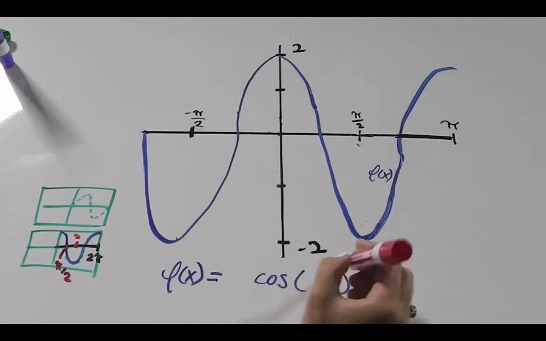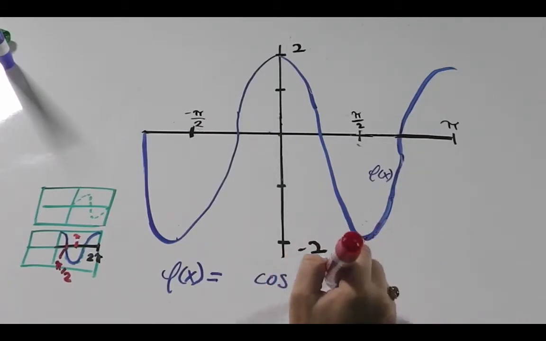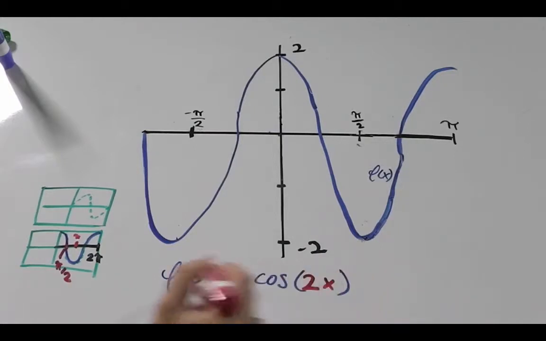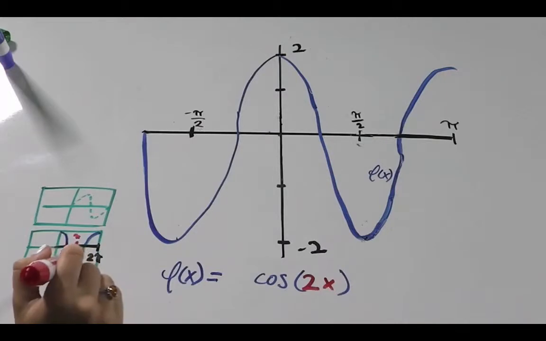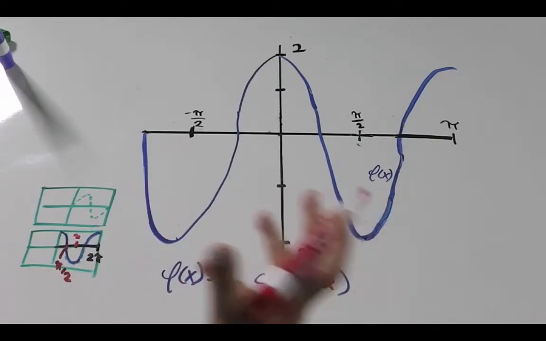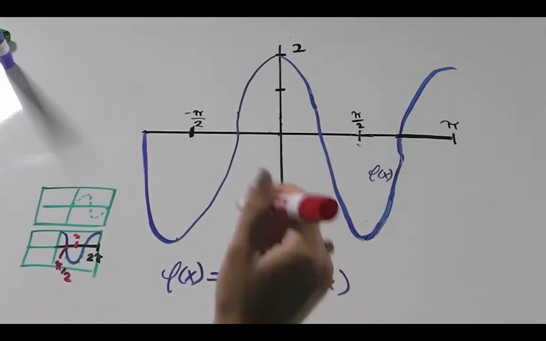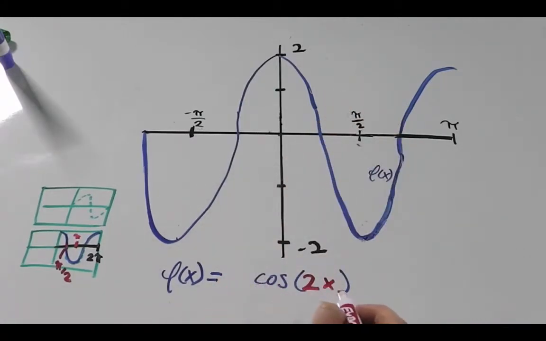So it's almost as if we plugged in 2 times as much of that x. That x counts for twice as much in the period of our function as it does in the period of our generic cosine function. To visualize that more clearly, try plugging in pi over 2 to the function cosine 2x and also into the function cosine of x.